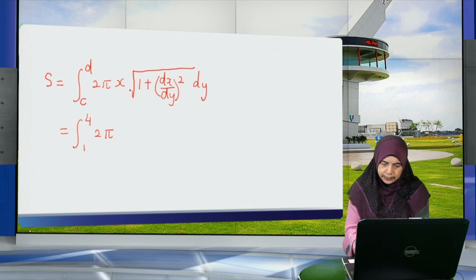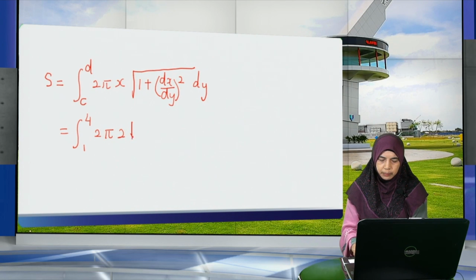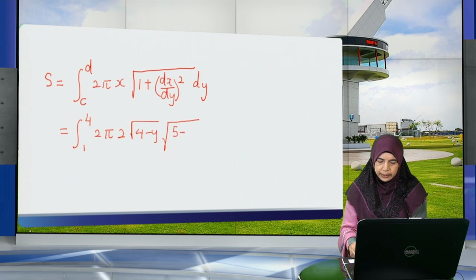Now x here, we change it to 2 times square root of 4 minus y. We multiply by square root of 5 minus y, divided by 4 minus y, dy.